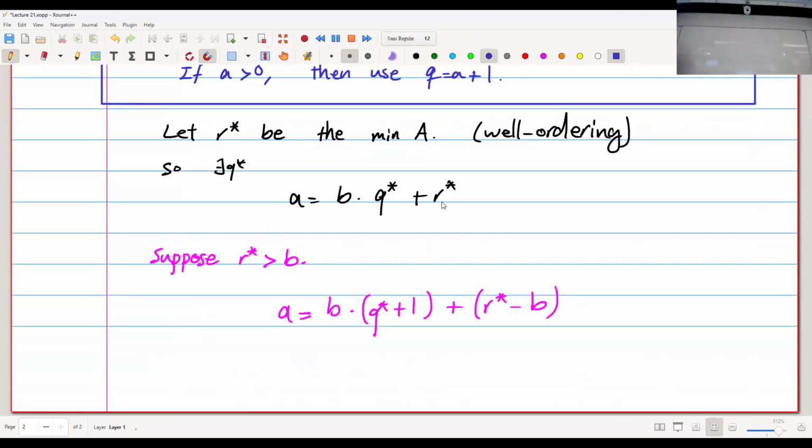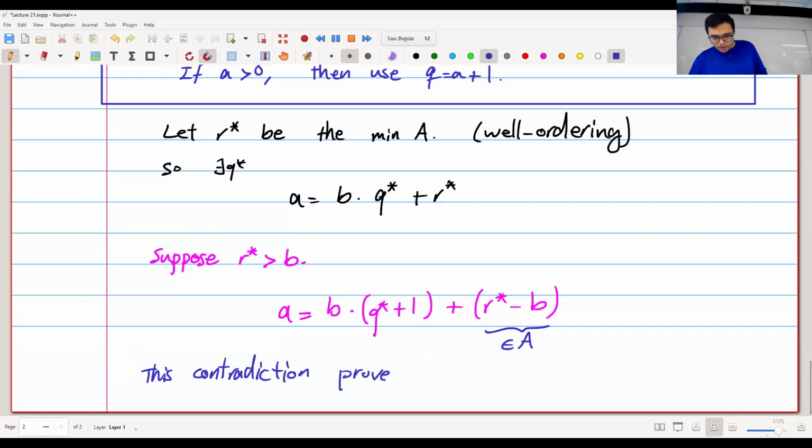That's R star. If it's bigger than B, I can create an even smaller non-negative remainder. And so this proves that this is in A. This contradiction proves that R star should be less than B.